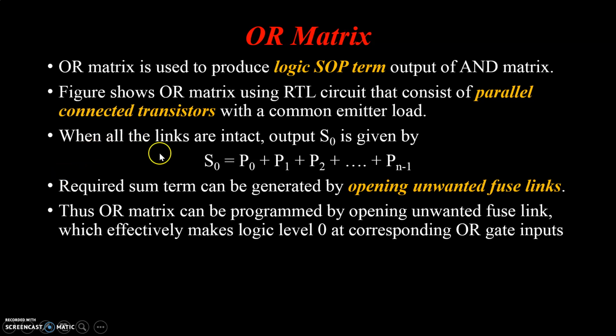When all the links are intact, output S0 is given by S0 equals P0 plus P1 plus P2 plus and so on up to Pn minus 1. Required sum terms can be generated by opening unwanted fuse links. Thus, the OR matrix can be programmed by opening unwanted fuse links, which effectively makes logic level 0 at the corresponding OR gate.